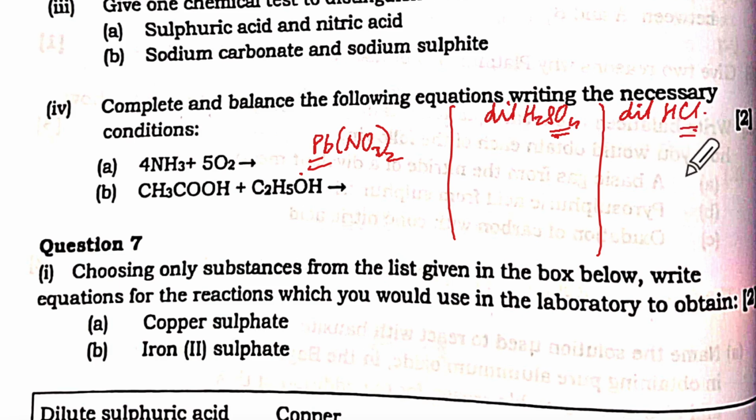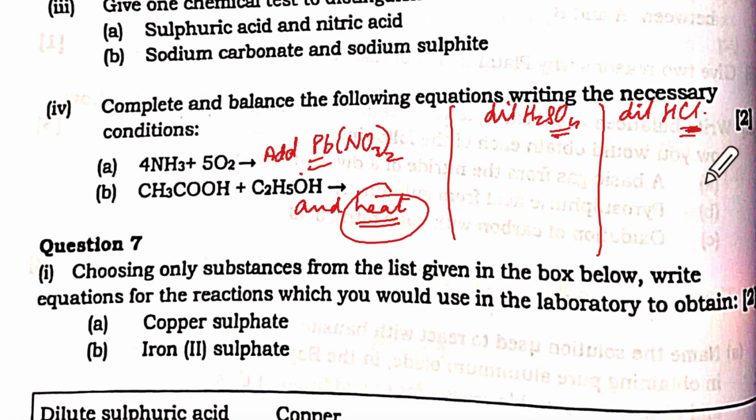So how will I distinguish between PbSO4 and PbCl2? So you have to say add Pb(NO3)2 and heat. Why do I write this heat? Because PbCl2 will be dissolving in hot water. Correct? So what will I get observation over here? Tell me.